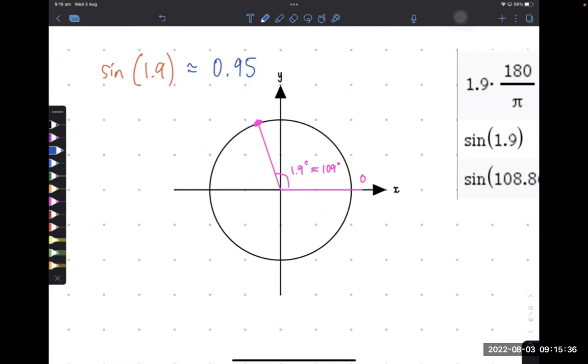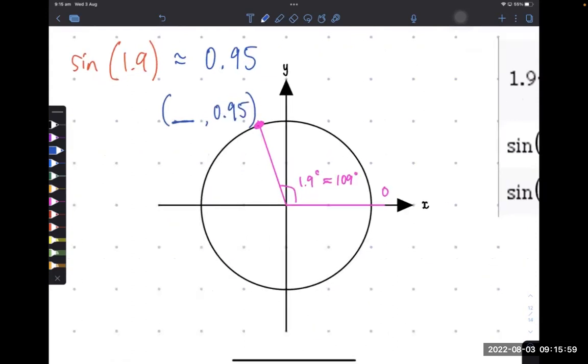What does sine measure? The y value. So this point here, this pink point has a coordinate, yes? Do we know the x value for it? No, we do not. So I'm going to leave that blank. Do we know the y value for it? That's 0.95. Have a look at how close it is to 1. The y value of 1. Does this make sense?